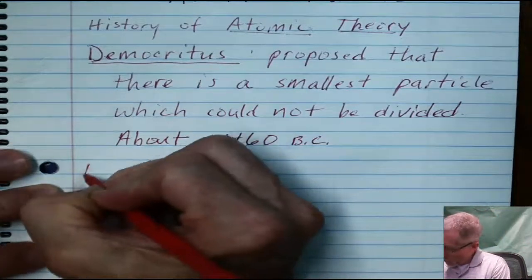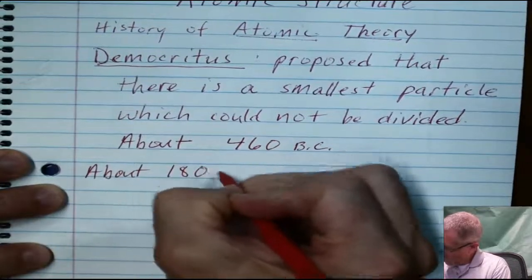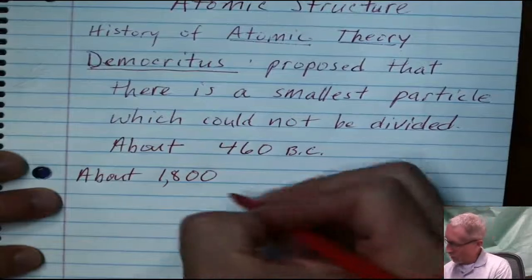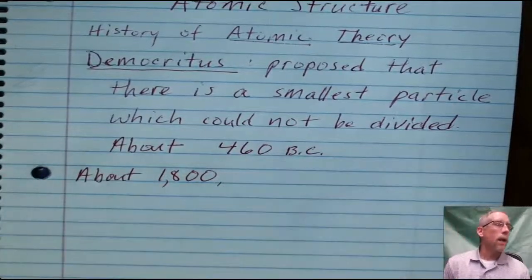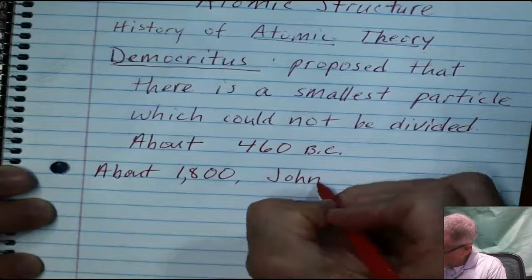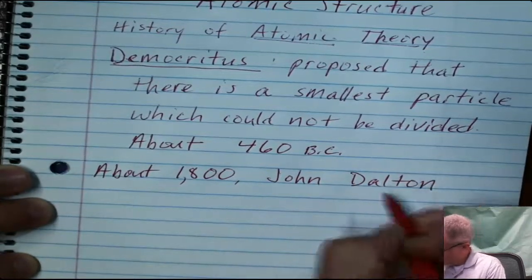So in about 1800 or so, we're talking a lot of years later and actually relatively recently, there's a guy named John Dalton. He's kind of our next big player in this story.